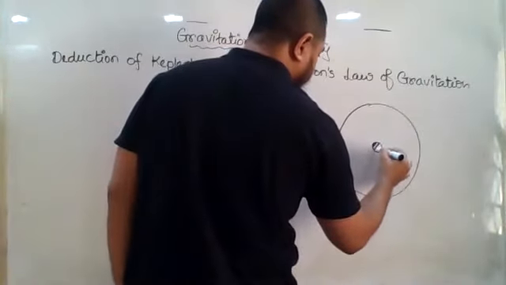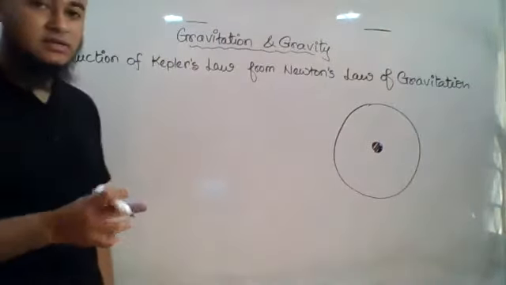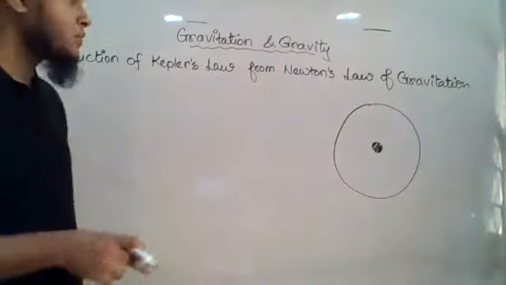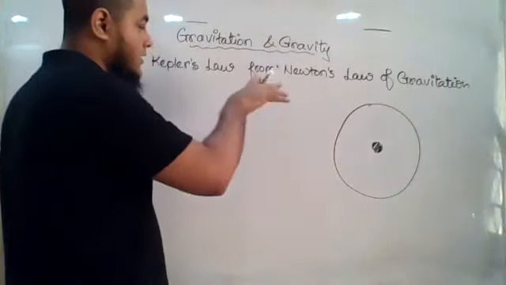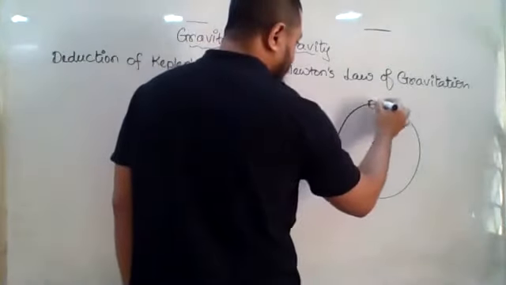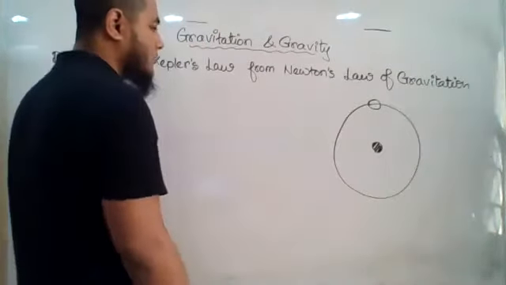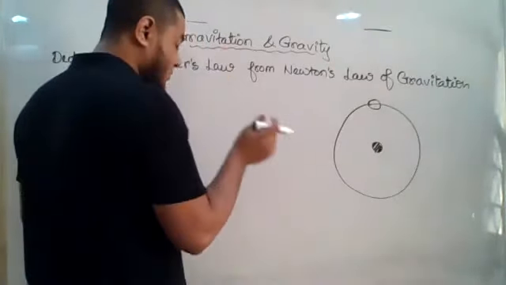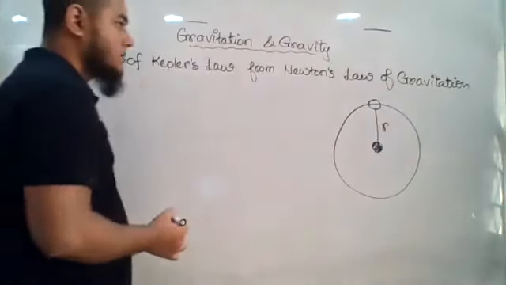Even though in the last class we got to know that the path is actually elliptical, for now we can consider that the path is circular. So here is Earth and this is Sun, or maybe any other planet. The radius of this circle, let us consider to be R.